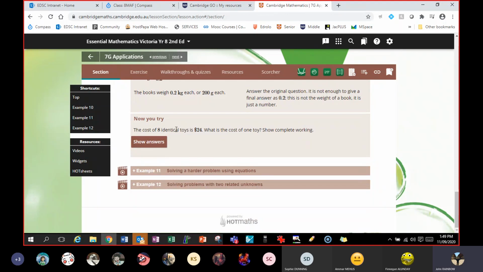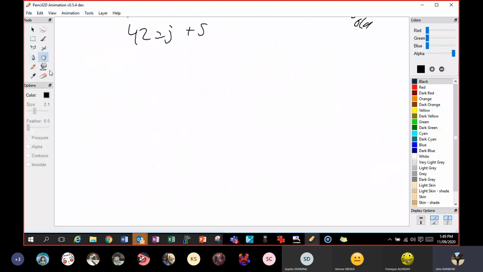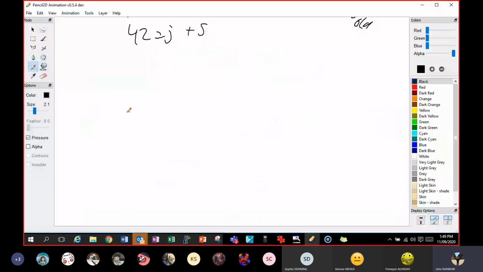The cost of 8 identical toys is $24. What is the cost of one toy? So let's do C equals cost of one toy.